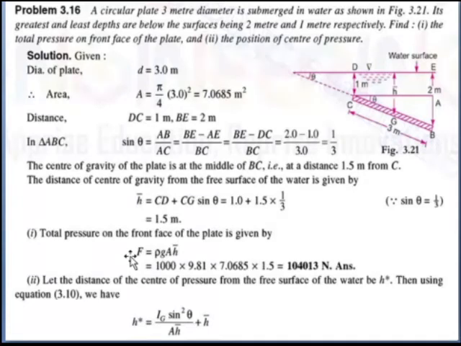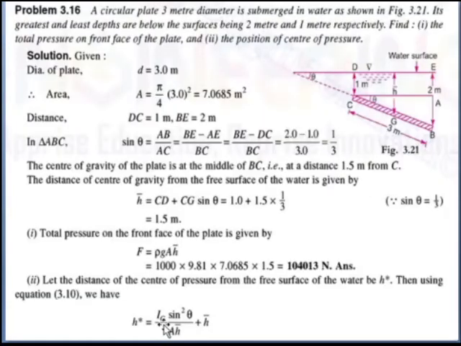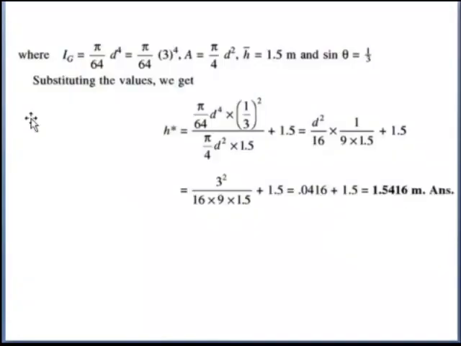Then we have to calculate the center of pressure. We already know the formula of center of pressure, h star. But as it is a circular plate, we have to calculate the moment of inertia of the circular plate, which is equal to pi by 64 d raised to 4.